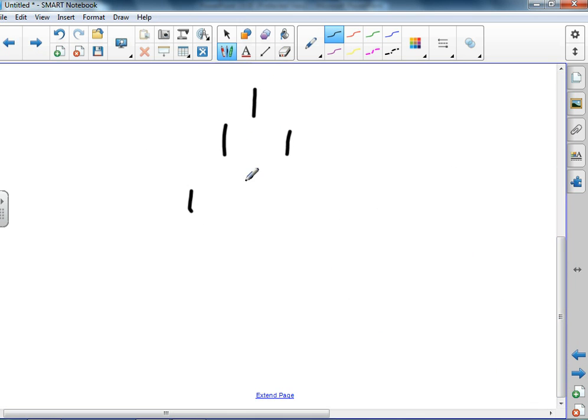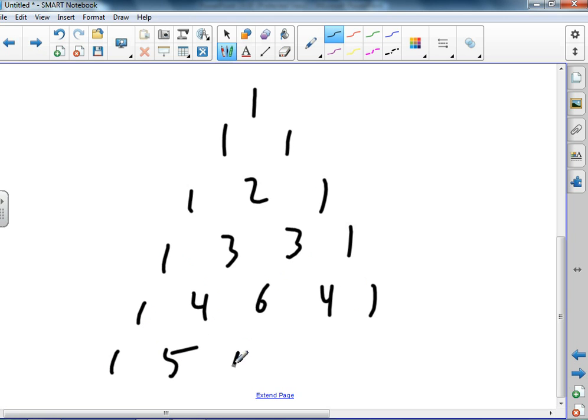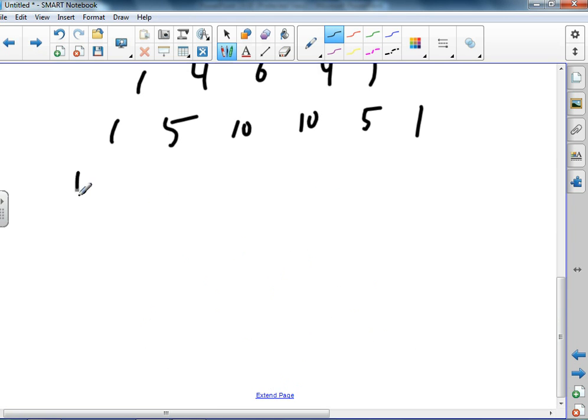You have probably seen Pascal's triangle that looks like this. Maybe you have, maybe you haven't. Maybe you did back in 3rd grade. What am I doing? Boring you to tears. Yeah, so what I'm doing is I'm adding 1 and 5 to give me 6.